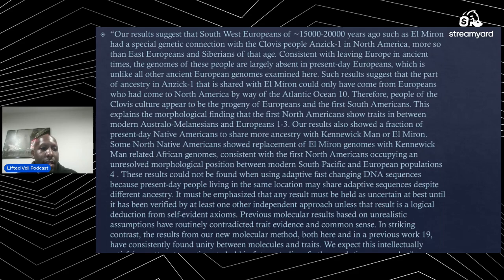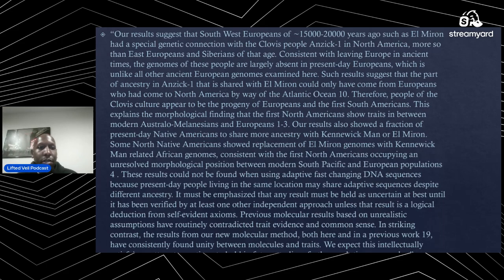Now that's totally different from the out-of-Siberia migration theory, because they're saying that it's strictly out of Siberia, passing through Beringia, going into Alaska, and you know the whole spiel. But here they're saying that the Clovis are descendants of these ancient Europeans and the first South Americans.